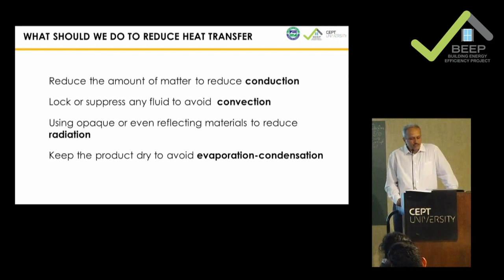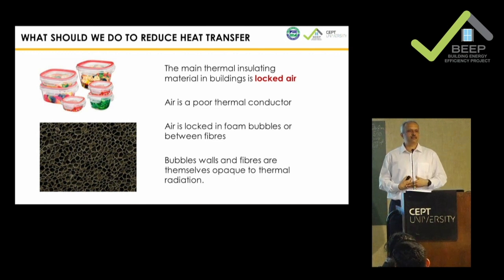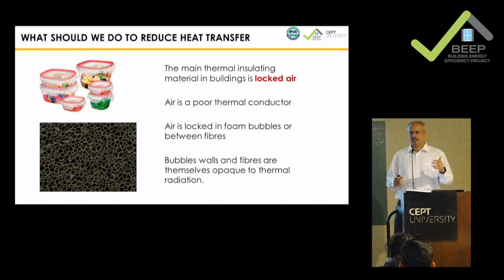What should we do to reduce heat transfer? Yeah, conduction probably will move forward. And one way is to lock the air. What do we do when we put fresh cut fruits into Tupperware or a similar kind of container? We try to lock the air. There will not be any air change, and then we try to retain the freshness of the food up to a certain extent.